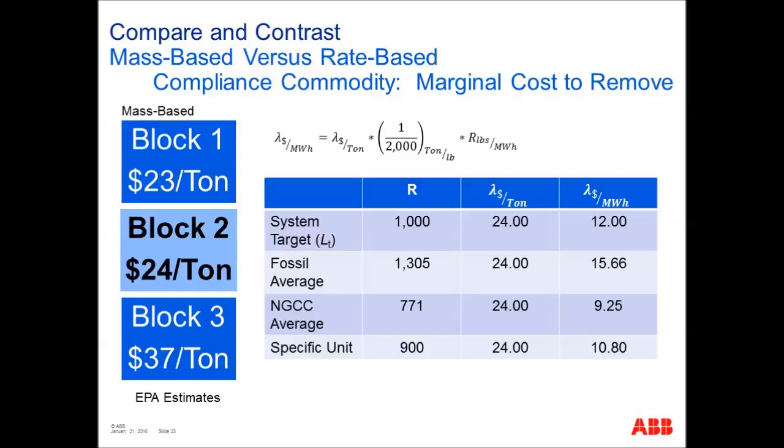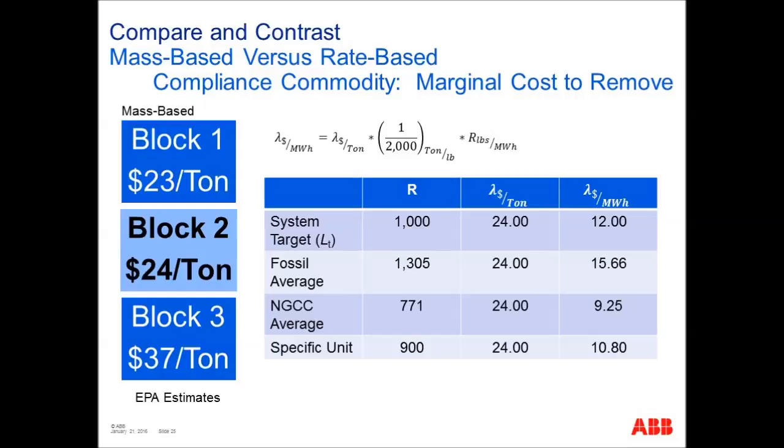As Professor Stanford taught me at Georgia Tech, he didn't understand why physics students couldn't do problems. If you've got the units, the problem does itself. So when we look at the units, we've got dollars per ton times the inverse of pounds per ton, which is tons per pound, times pounds per megawatt hour, leaves us with dollars per megawatt hour.